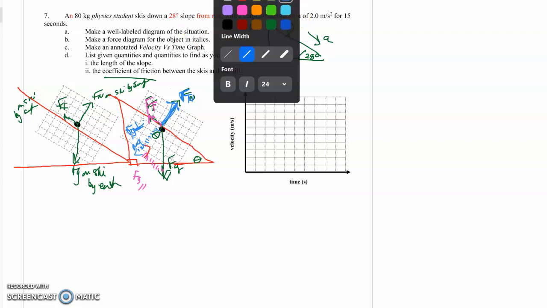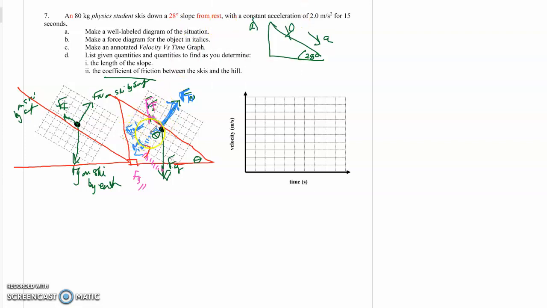So what that means is that FG perpendicular is mg cosine theta, because it's adjacent, and FG parallel is mg sine theta because it's opposite. So if I'm just going to write down my givens, what do I have? Theta equals 28 degrees. Is it 28? Yeah, great. What do I have? Acceleration equals 2 meters per second squared.